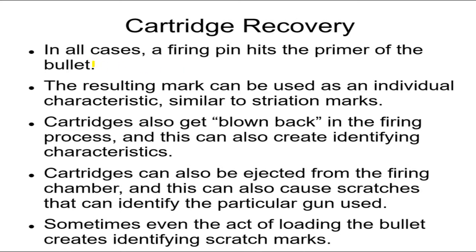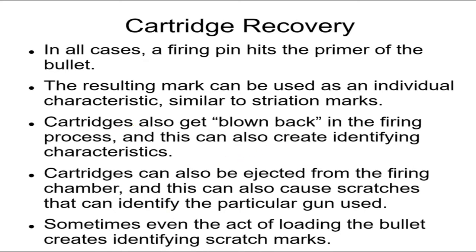In all cases, as we've seen, the firing pin hits the primer of the bullet or the shell, and the resulting mark on the bullet or the shotgun shell can actually be used as an individual characteristic, like striation marks. Now you have striation marks for rifles, but not shotguns. But we'll talk a little bit more about this soon. Cartridges, not necessarily in shotguns, but it happens a little differently there. But anyway, the cartridges get blown back.